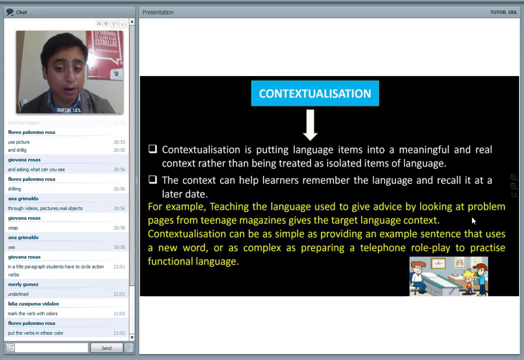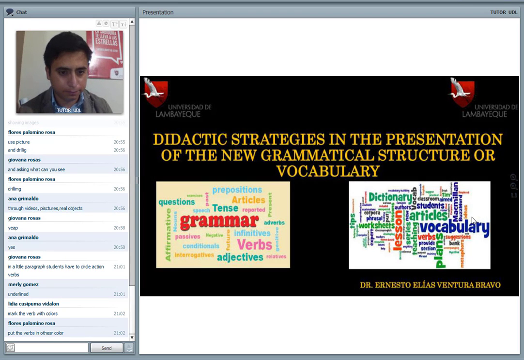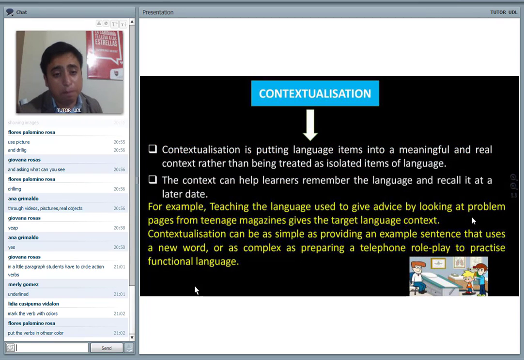Contextualization can be as simple as providing an example sentence, or preparing a conversation or something like that.